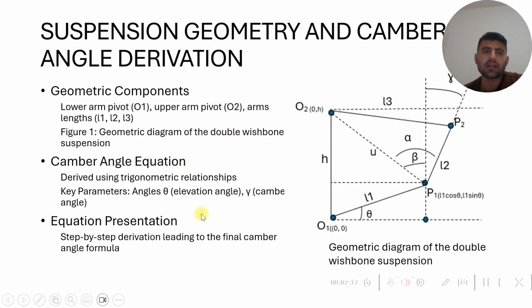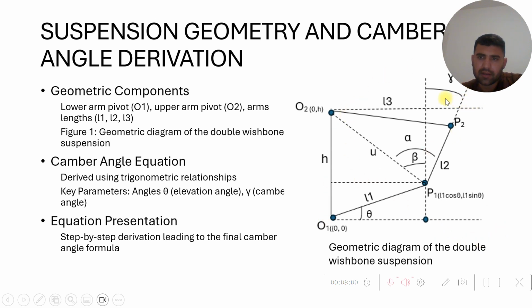Here let's start with the suspension geometry and the camber angle deviation. This is the geometrical diagram of our double wishbone suspension. These are the components: the lower arm pivot O1 here at the origin (0, 0), and then we have the upper arm pivot O2, and these are the lengths L1, L2, L3, and H for the knuckle.